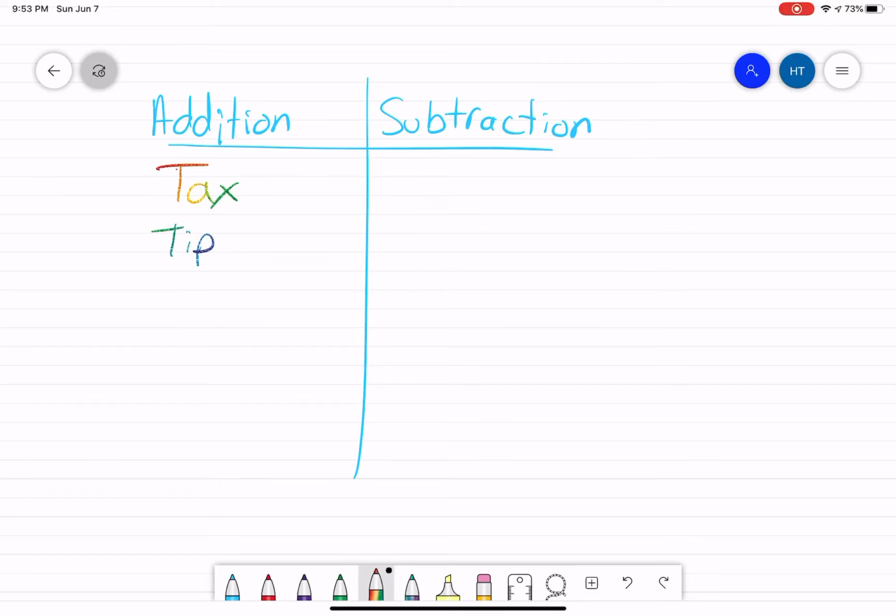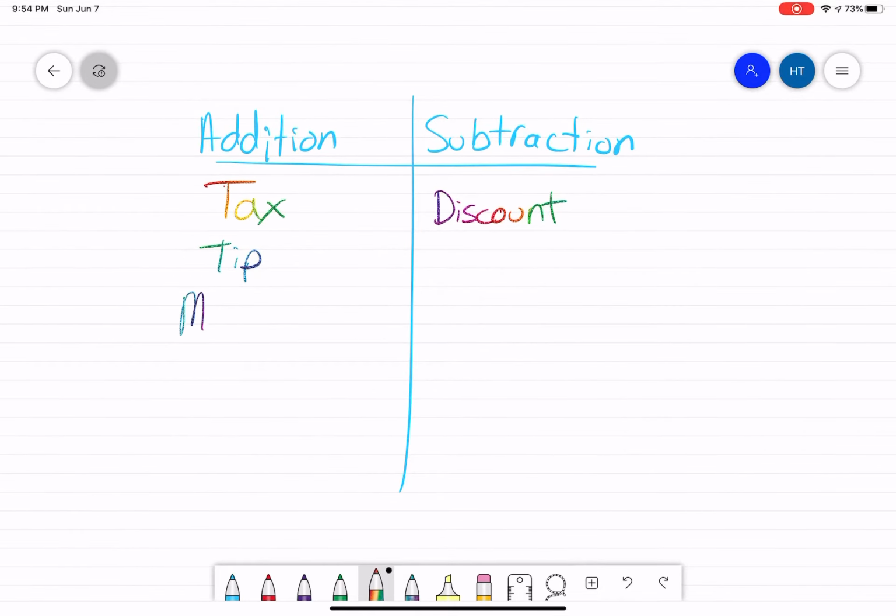I have to add that percent from there. And then subtraction, I know there's discount. I'm saving an amount. Discount. And then markup, right? Take the percent, multiply it with the amount, and then I add that amount.